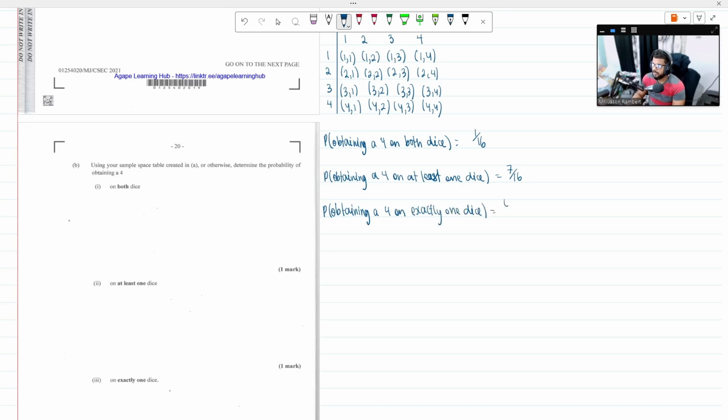That's going to be 6 out of 16 because this is the only case where we have a 4 on the 2 dice. So this is exactly one dice, one dice, one dice, one dice, one dice, one dice. Because the 4 was rolled on the second dice here, and the 4 was rolled on the first dice here. So that's going to be 6 out of 16, which is equal to 3 out of 8.